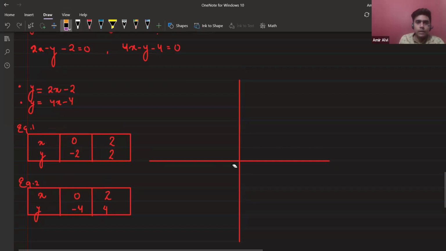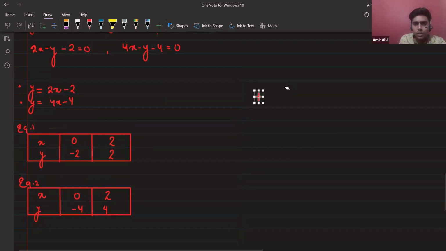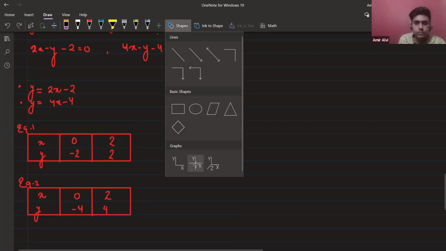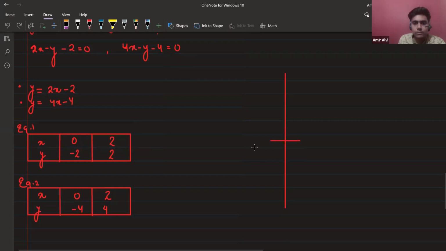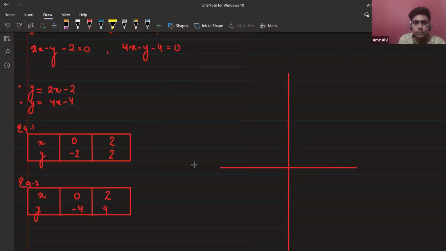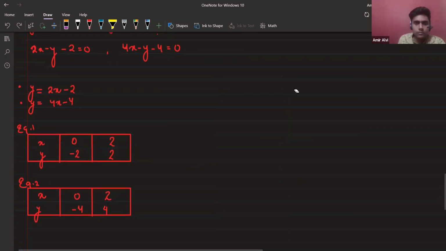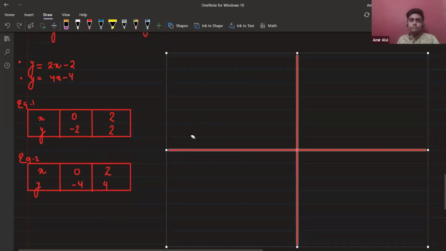Let me take this graph a little bit bigger. Clear? Now put the values here.